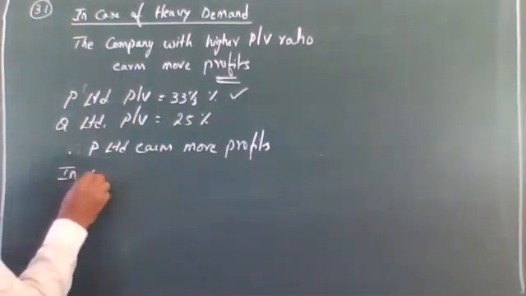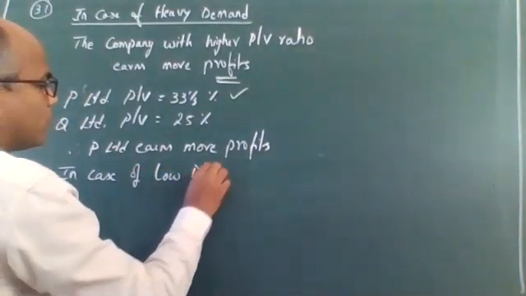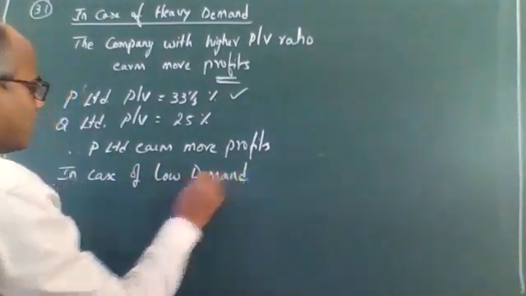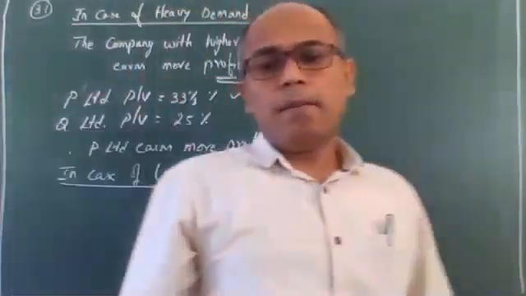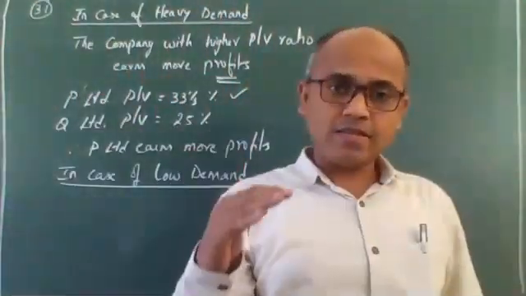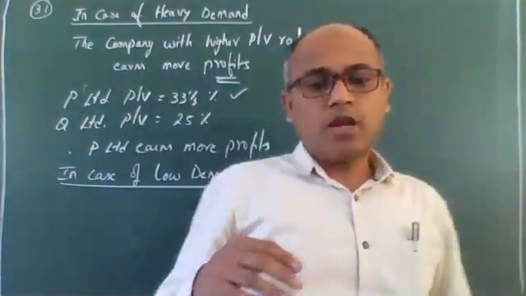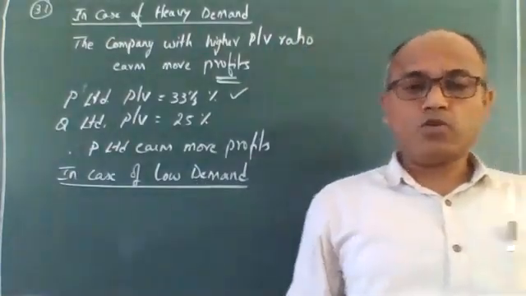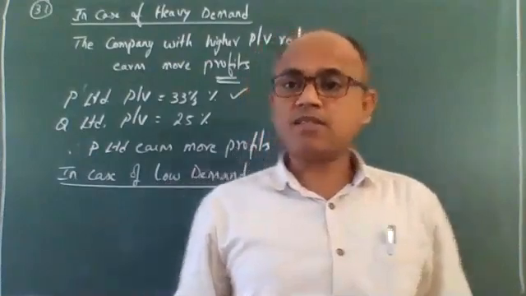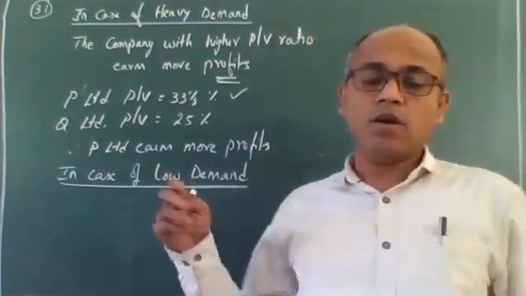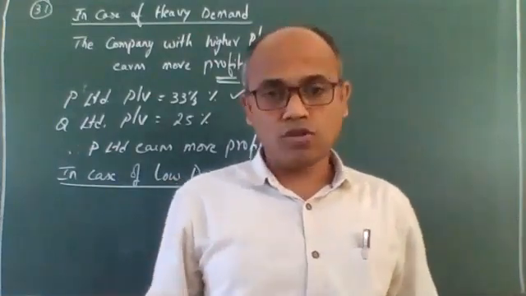Then in case of low demand, what happens if there is low demand? When the demand is less, obviously the sales of the company will be less. Now, what is important for you is to break even. When I say to break even, I am talking about coming to the point where there is no profit or no loss.